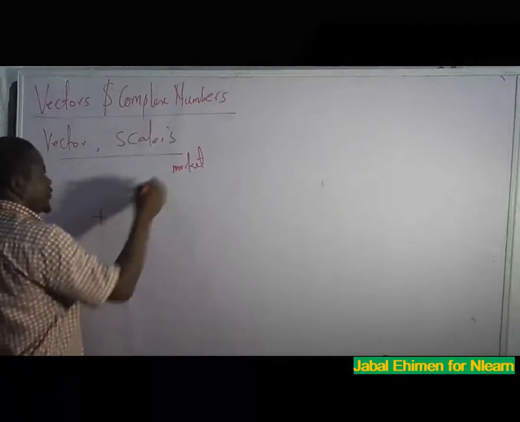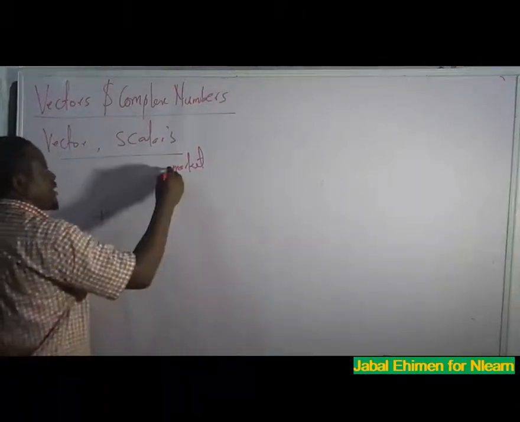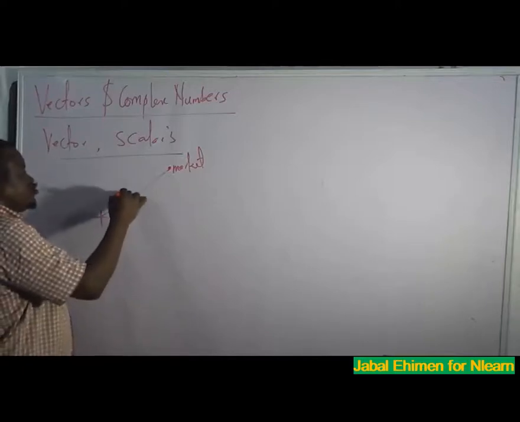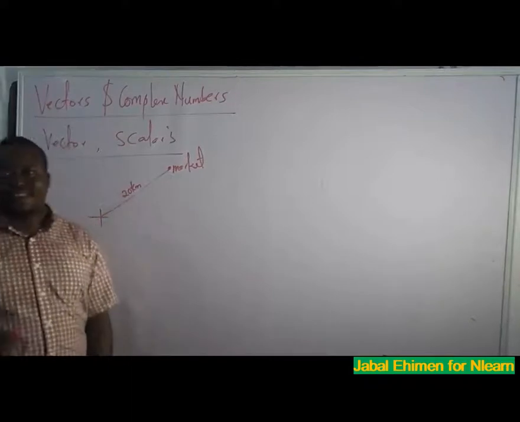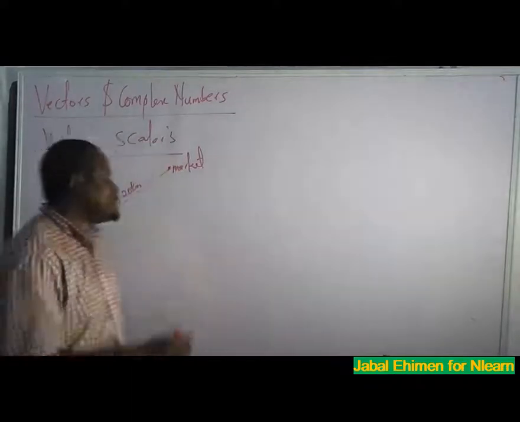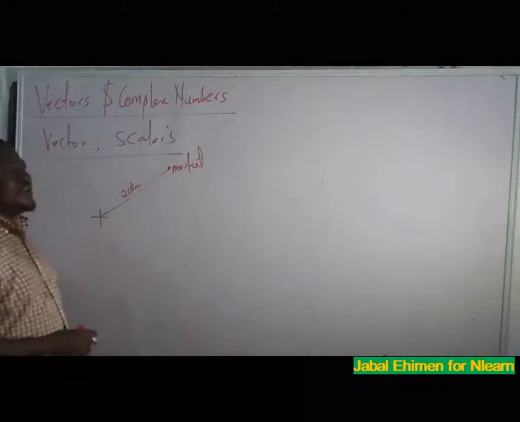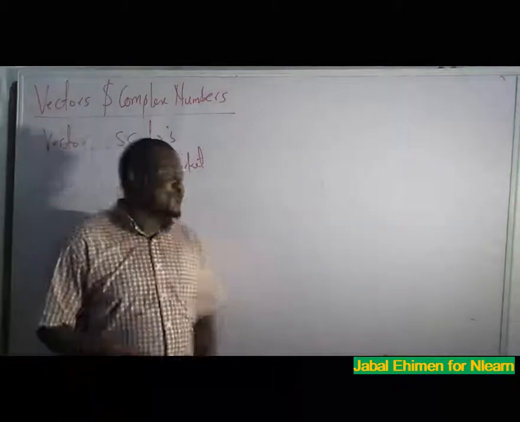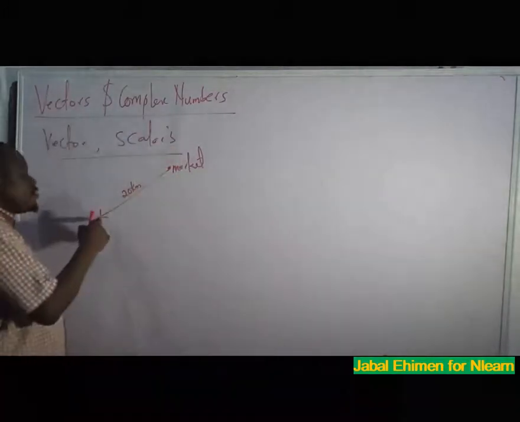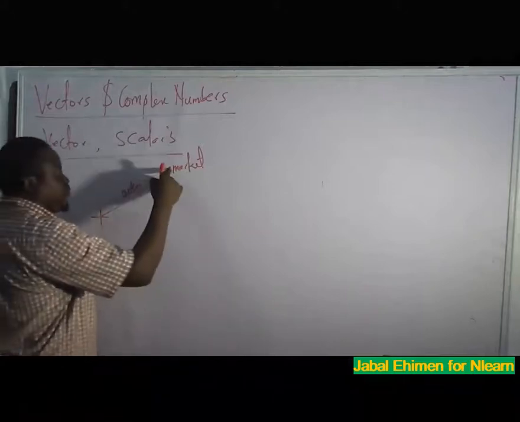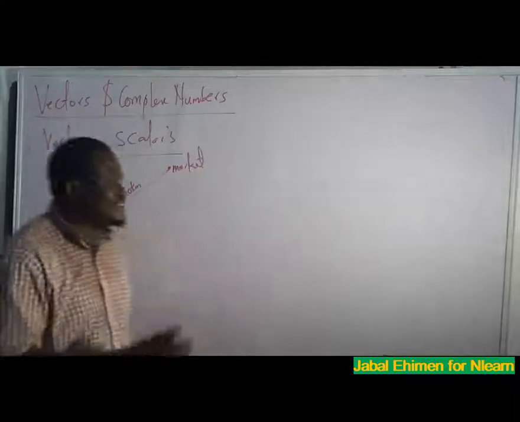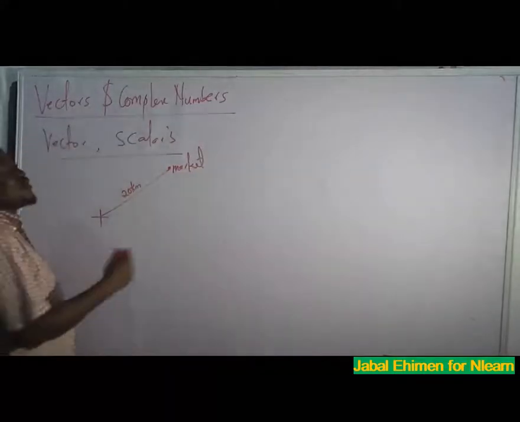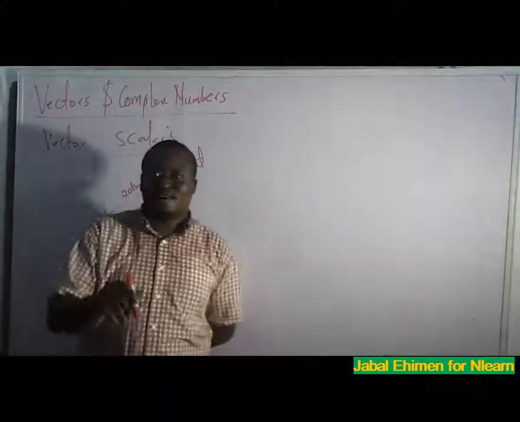The distance from where I'm standing to the market, if it's 20 kilometers, that distance is the size, the magnitude. So when you measure from this point to this point, calculating the size, that is a scalar quantity. That is why we tell you that distance is a scalar quantity.